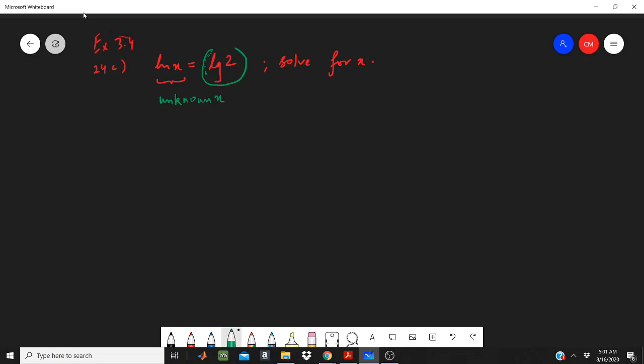The right side here has no unknowns. It's just lg of 2. Okay, so what you can do is bring this into index form.